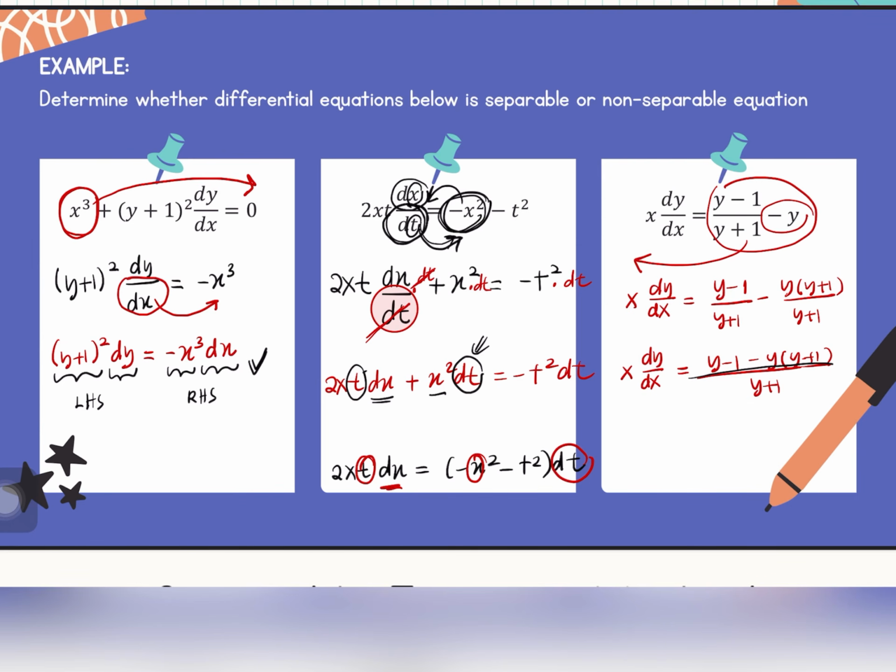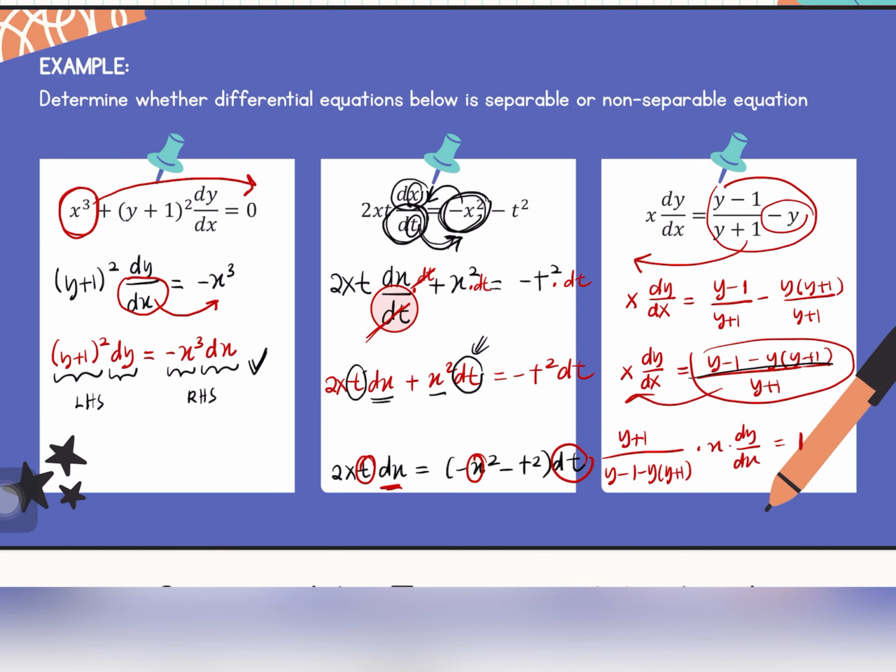Yang bawah duduk atas, yang atas duduk bawah. So we remove all the pecahan here, pergi sebelah, dia akan jadi terbalik. Dia akan jadi y plus 1 bahagi dengan y minus 1 tolak y darab y plus 1, darab dengan x dy over dx equal to 1 kat sini.